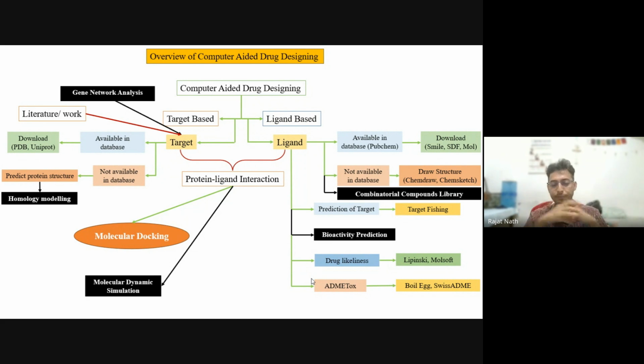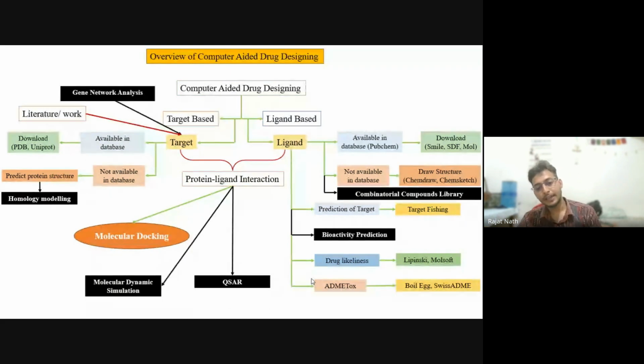We'll insert this protein in this box, we'll insert our ligand in this box, and we see how they are interacting. Okay, so after molecular docking, when we've seen that it is working fine, then we go for the molecular dynamic simulation where we simulate the biological process already going on in our living system. We mimic the process in molecular dynamic simulation. It is also a computer aided drug designing process.